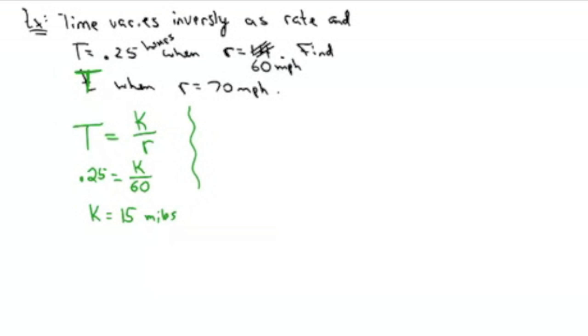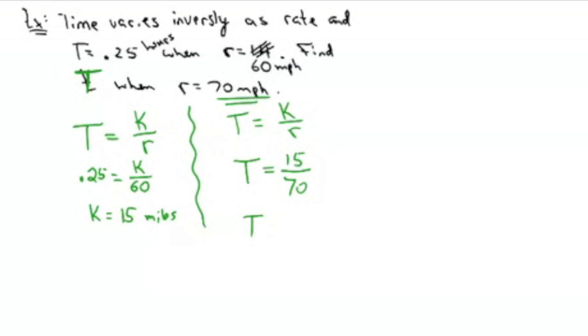Then I start all over again. I say, well, T is equal to K over R. The second part of the problem is, what if I increase my speed to 70 miles per hour? Find T. So that becomes T equals, what is K in this case? 15. It stays that way for the rest of this problem. R in this case, 70.